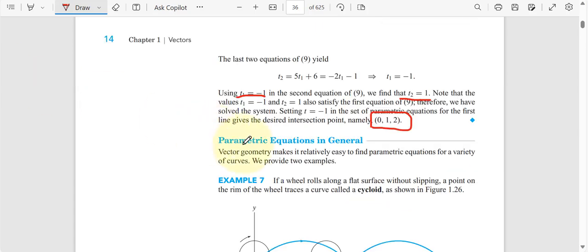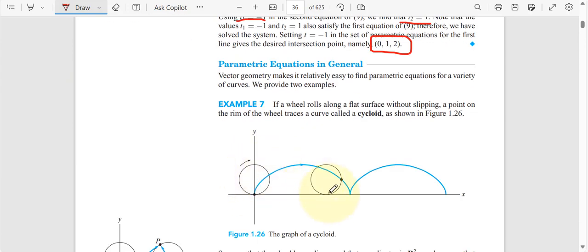Okay, the next section we're not going to cover, it's called parametric equations in general. So in other words, not just working with lines, but more generally any kind of curve. They do an example here with a kind of crazy looking curve, which is generated from a ball which rolls, and we just focus on one point as it rolls.